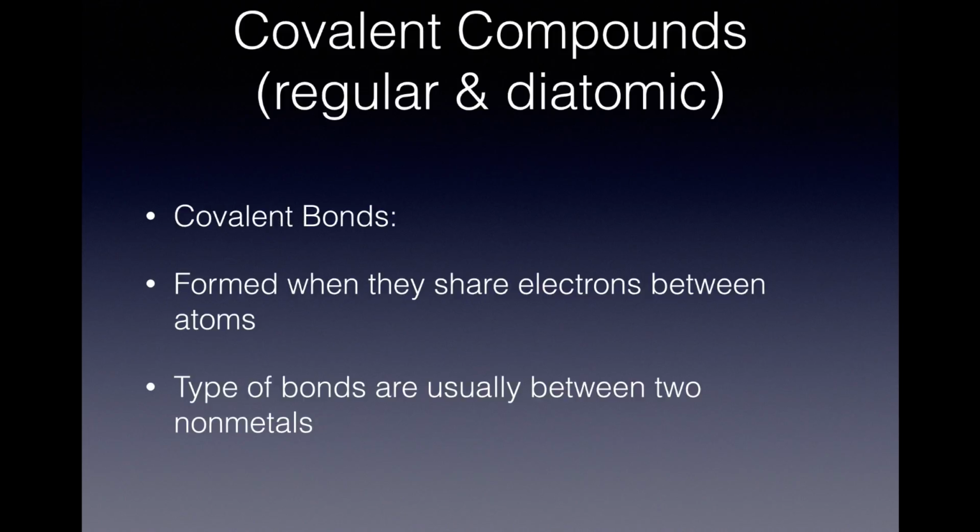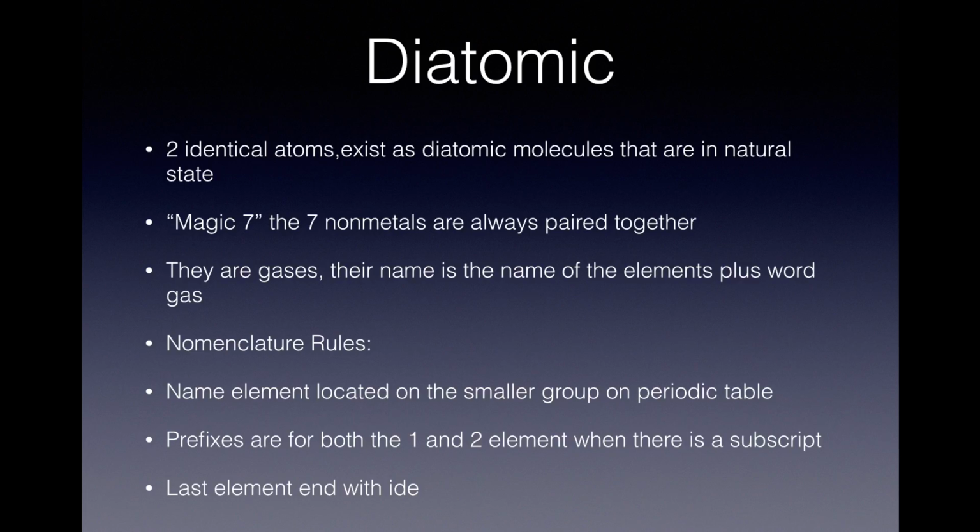Now let's talk about covalent compounds. Covalent compounds are formed when atoms share electrons. This type of bond is usually between two nonmetals. Diatomic molecules have two identical atoms in a neutral state. The magic 7 nonmetals are usually paired together.